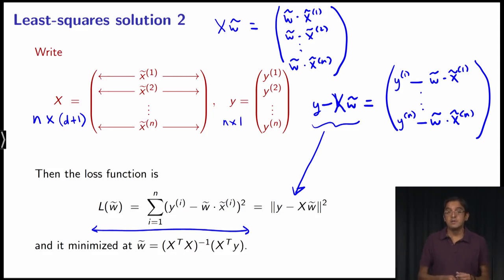At this point, we can take the derivative and set it to 0, and it turns out that the solution is the following. We set W twiddle to X transpose X inverse, that's a d plus 1 by d plus 1 matrix, times X transpose y, which is a d plus 1 times y vector, and the result is d plus 1 times 1.